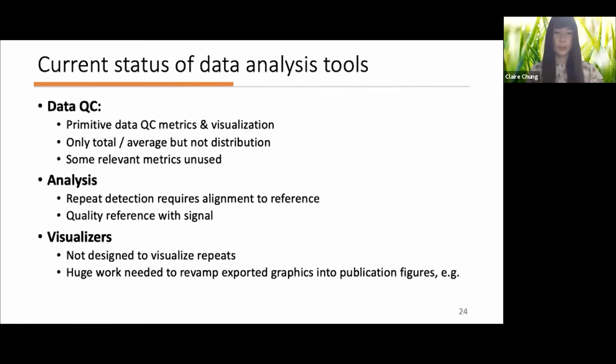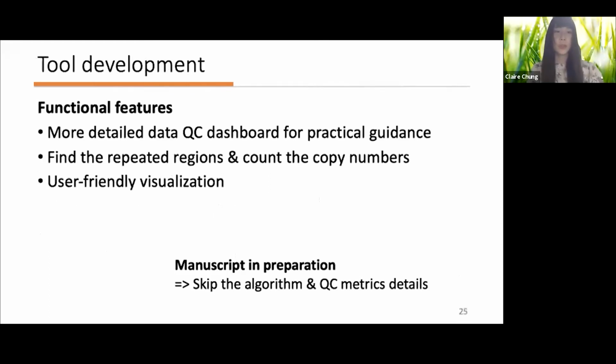Like in the previous slide, when I showed all my propagation figures, it took a whole long time to polish them in Illustrator, because there are lots of extra marks that messed up the figures, etc. So I developed a tool, and I try to give a better POC in a dashboard way to help give practical guidance in experiments and getting public data.